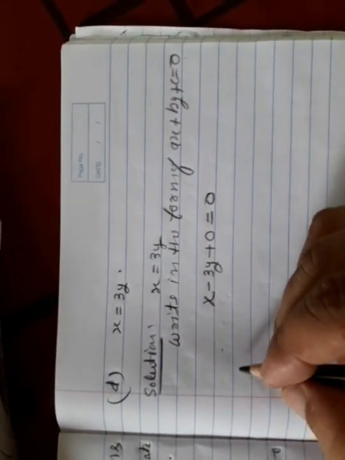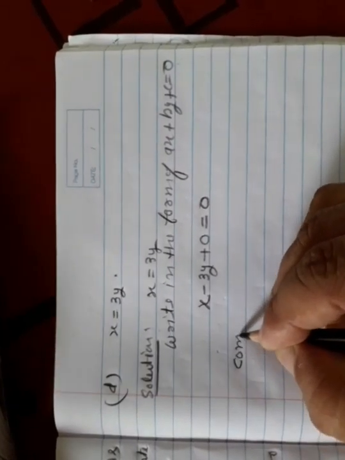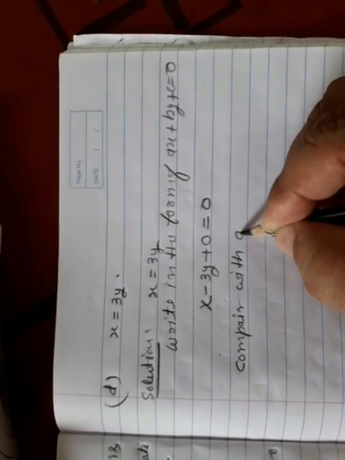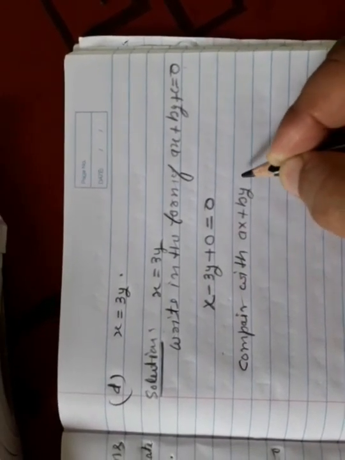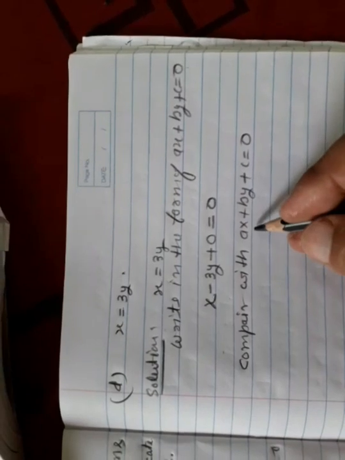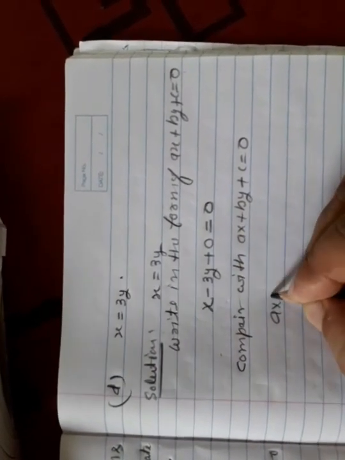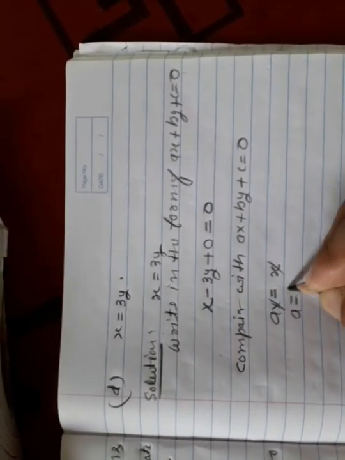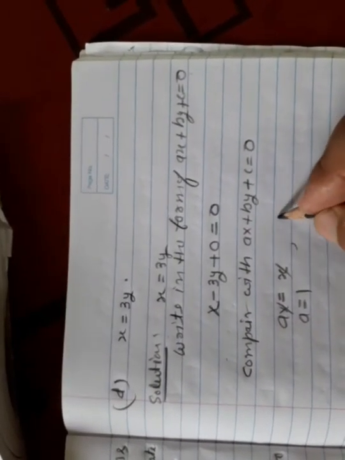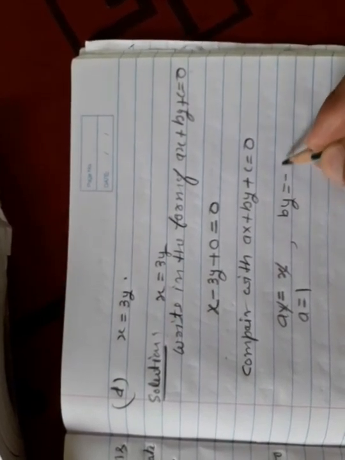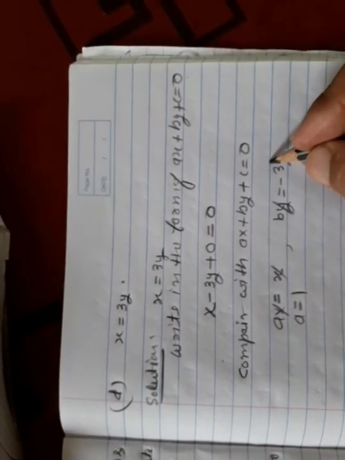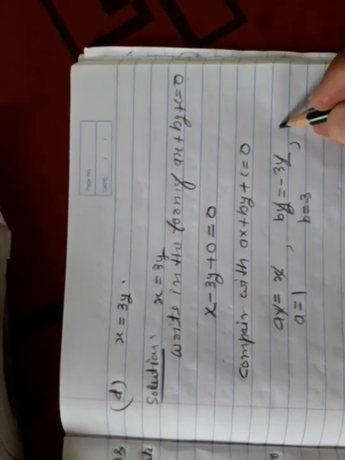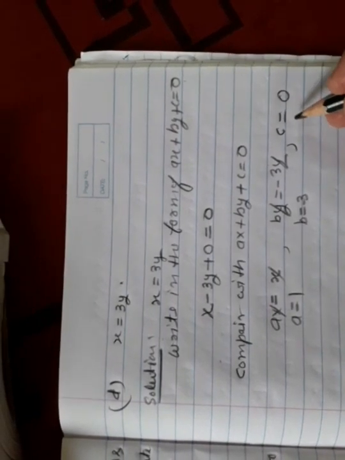Now compare with ax plus by plus c is equal to 0. When we compare, ax is equal to x, so a is equal to 1, and by is equal to minus 3y, so b is equal to minus 3 and c is equal to 0.